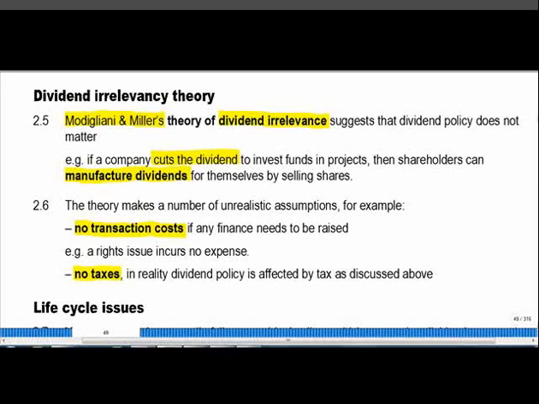Whereas if you reinvest it within the business, then you can create capital gain, and if capital gains tax is low, that might be better for your shareholder. So again, dividend policy is relevant in the real world, but the theory suggests it's irrelevant. So dividend irrelevancy theory, you need to know it for the exam, but it's not a sensible theory in reality because it assumes no transaction costs and no taxes.